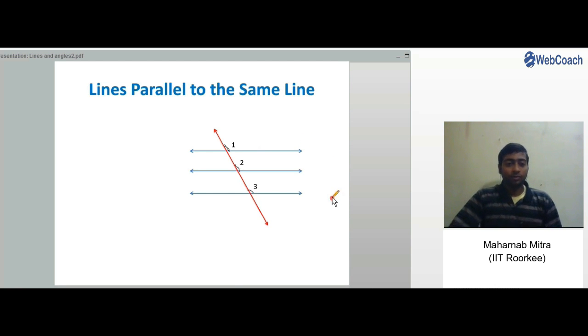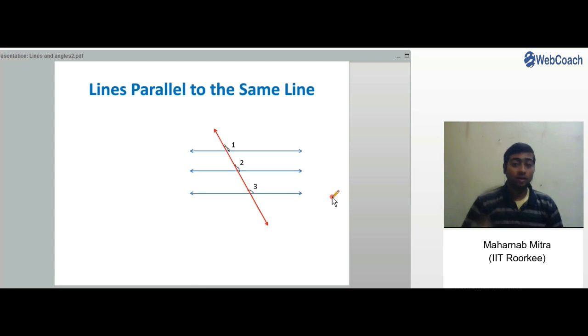Now as these lines are parallel to each other, you can see angle 1 must be equal to angle 2. Why? Because the two lines are parallel, and angle 2 must also be equal to angle 3. Why? Because the next two lines are also parallel to each other.